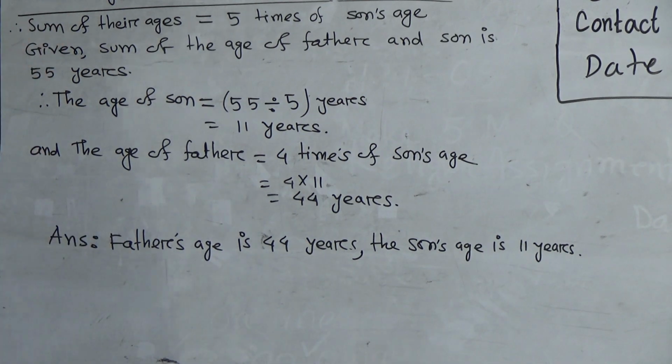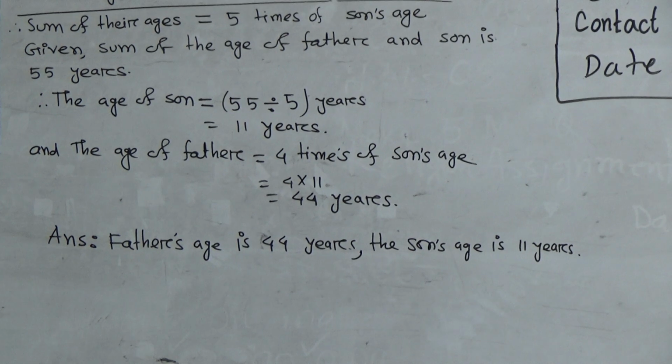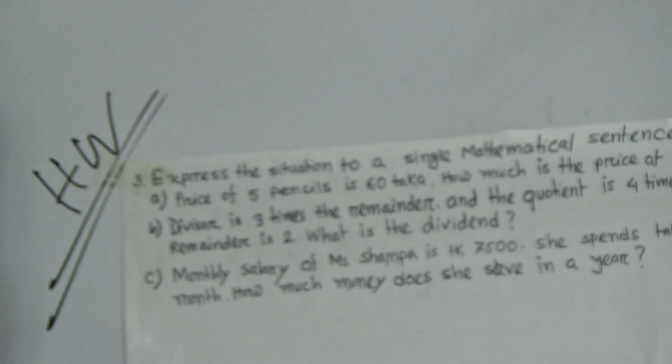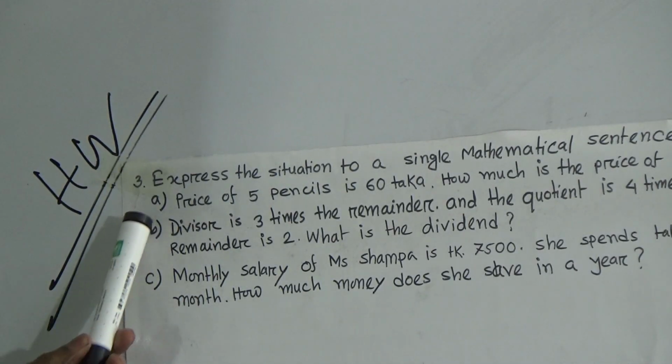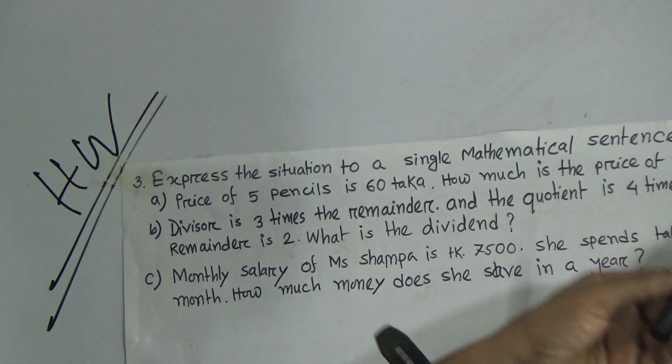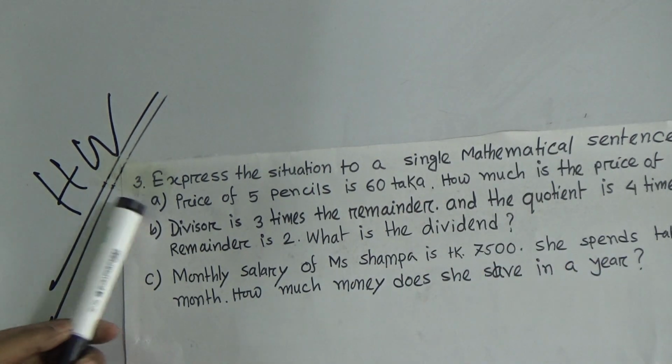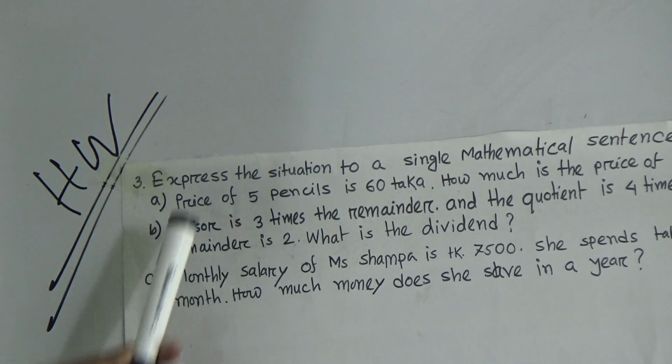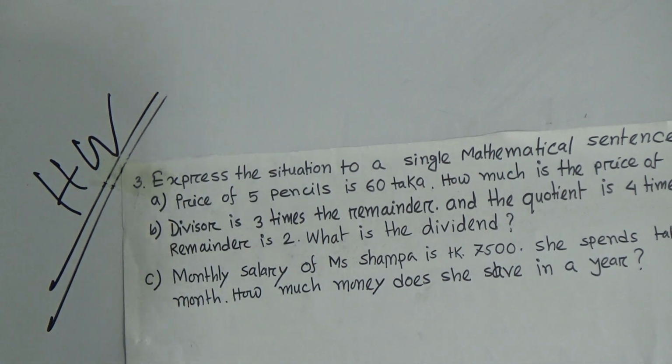Dear student, now I talk with you about the HW topic. Please student, look, question number 3, you see, express the situation as a single mathematical sentence and solve it. A, B, C. Okay, this A, B, C question, that means which I will not solve here.